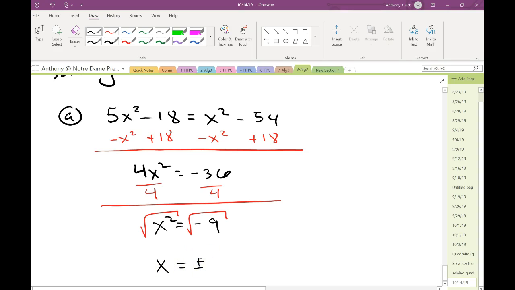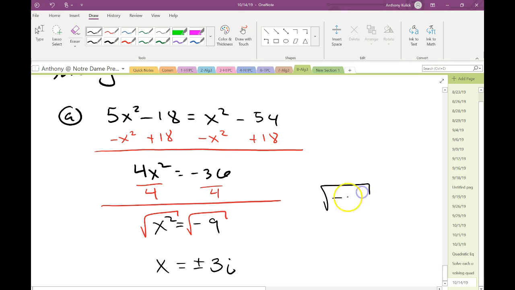And then how do I deal with this square root of a negative 9? When I square root a negative, what do I get? I get an i. And the square root of 9 then is just 3.